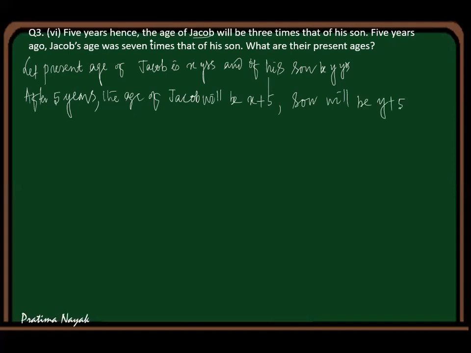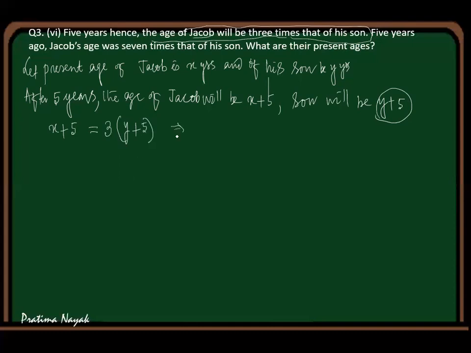That time the relation will be age of Jacob will be 3 times age of the son. Jacob will be x plus 5, is equal to 3 into the age of son, y plus 5. This is your equation 1.